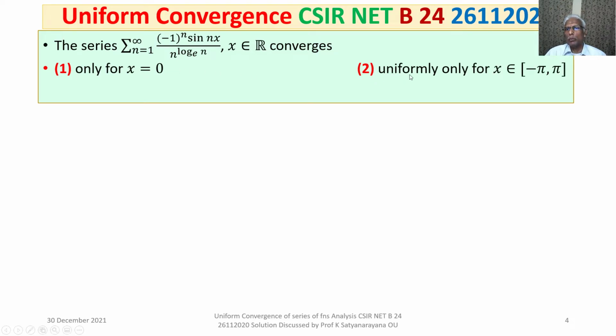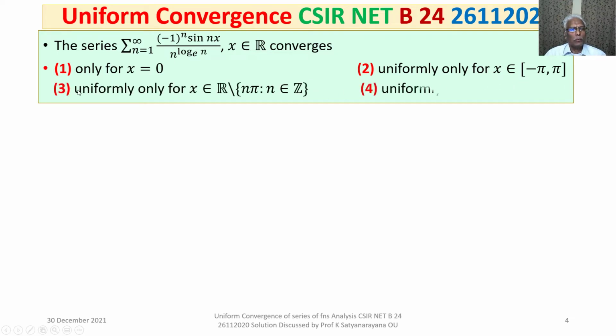Option 2, uniformly only for x belongs to the closed and bounded interval minus pi to plus pi. Option 3, converges uniformly only for x belongs to R other than the set n pi where n belongs to Z. And option 4, converges uniformly for all x belongs to R.